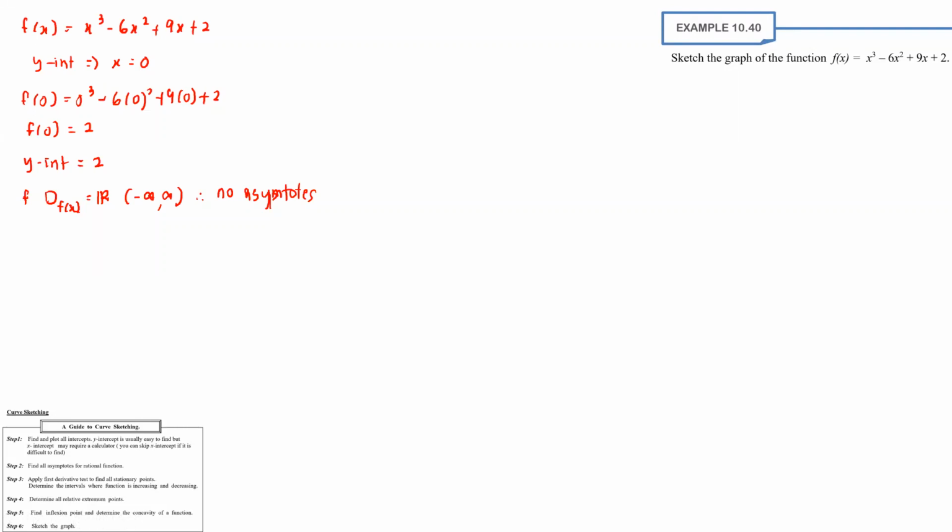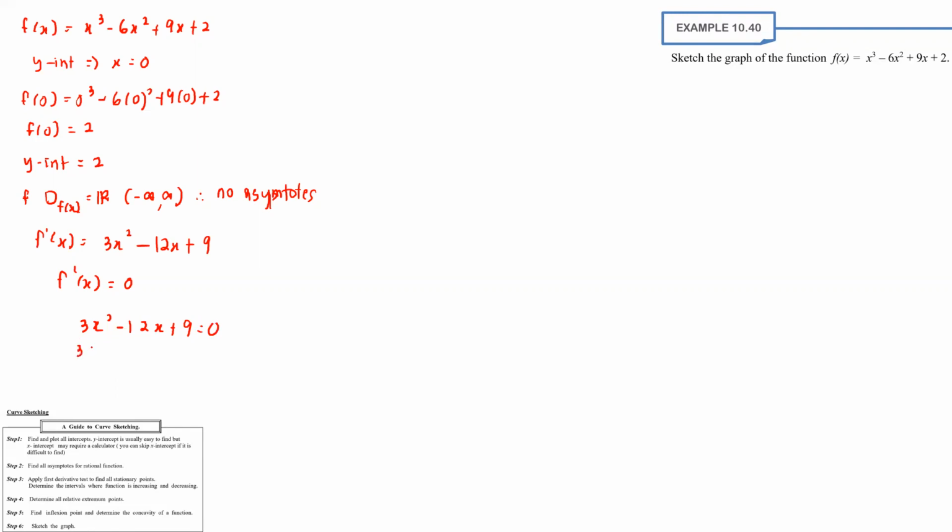Step 3, apply the first derivative. We want to find f prime x. So f prime x is equal to 3x squared minus 12x plus 9, right? We want to find the stationary points. For stationary points, f prime x equal to 0. So 3x squared minus 12x plus 9 is equal to 0.